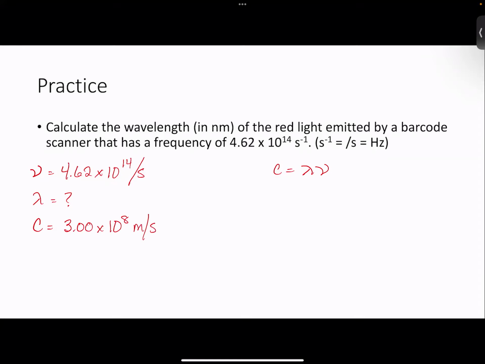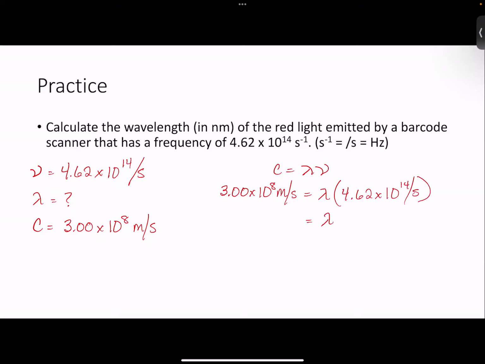So using that information, we can plug these details into the equation, and we get 3.00 times 10 to the 8 meters per second is equal to the wavelength times 4.62 times 10 to the 14 per second.